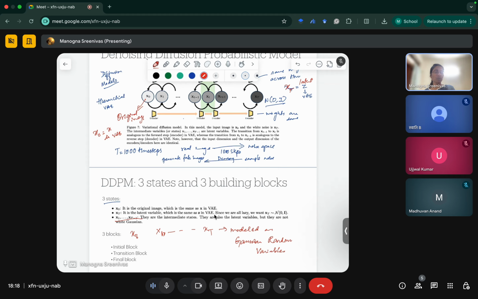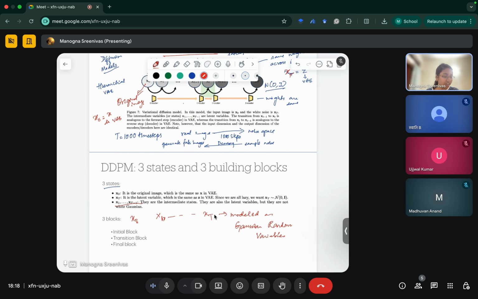And how much noise is added at each time step, this whole schedule is curated such that when it goes to time step capital T, it becomes standard Gaussian. So that is how these are modeled.